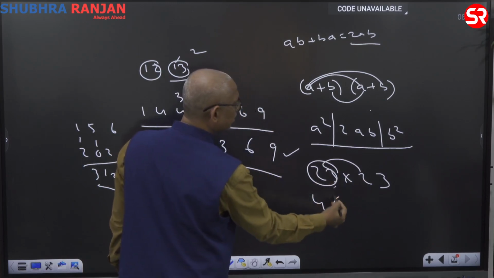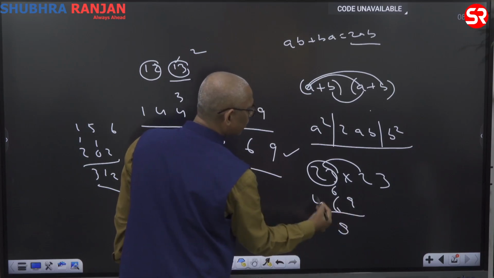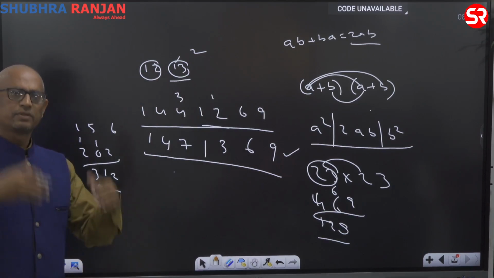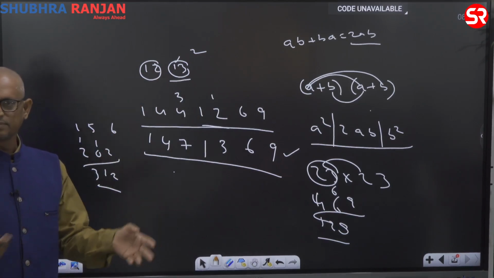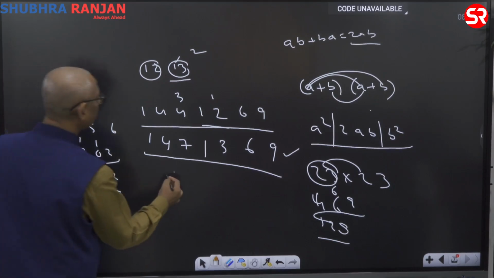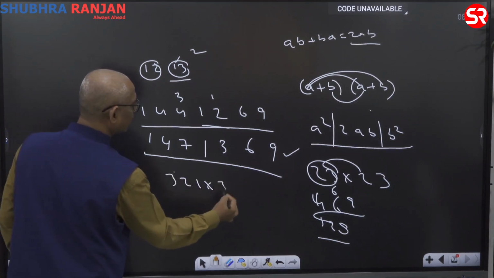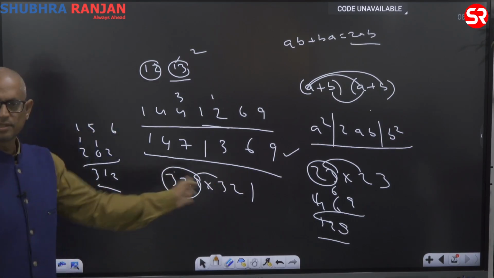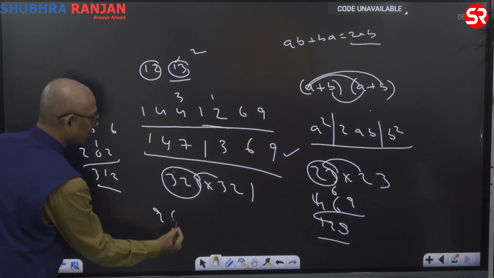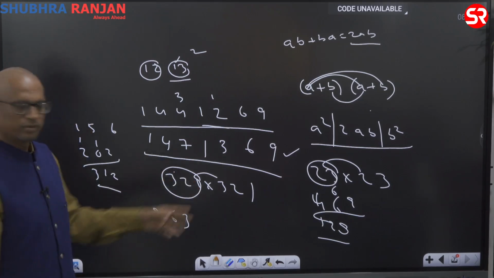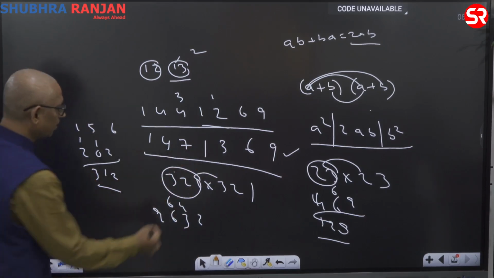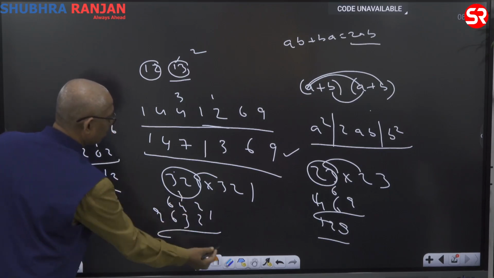Now 69, 9, 12, 529. You can use 3 digits also, you know the 3-digit multiplication. If you want to do the square for 321 into 321, then do it. 963, 642, and then 321. That's all.